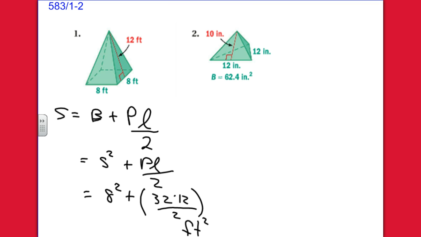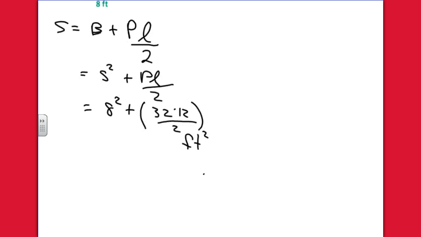We need to do this multiplication before we add, right? PEMDAS says all multiplication before addition. So can we do a little reducing here? How do you want to reduce? By 2, 2 into 12. Okay, it could go into either one, right? So we have 64 plus 32 times 6. He's doing this right here.